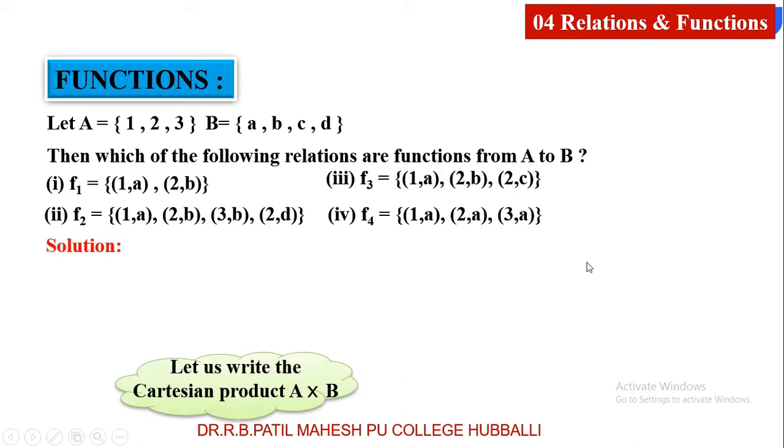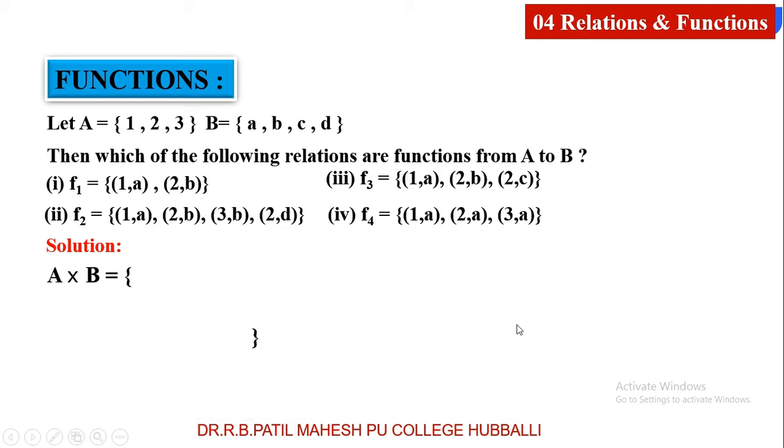Dear students, let us write the Cartesian product of A and B first, that is A cross B. You can observe the set A is {1, 2, 3} and the set B is {a, b, c, d}. What will be the Cartesian product? A cross B is equal to (1,a).